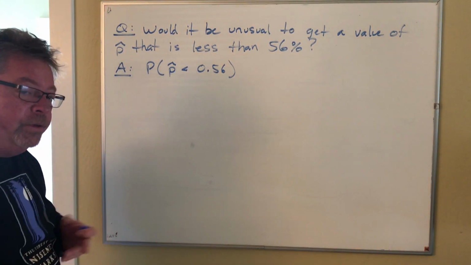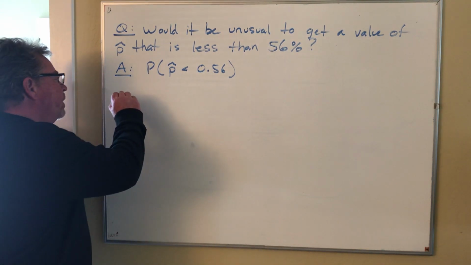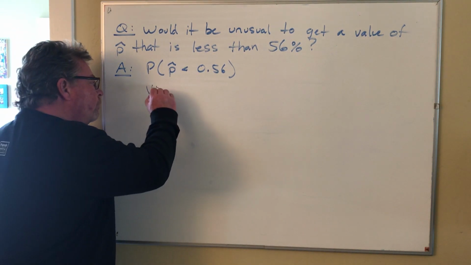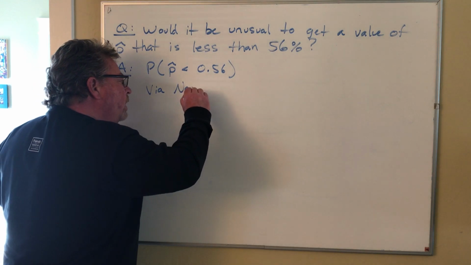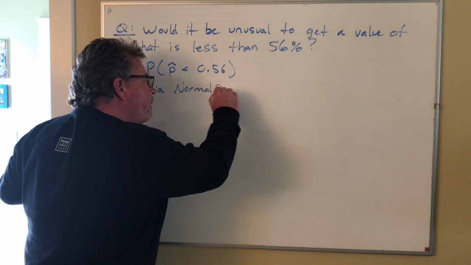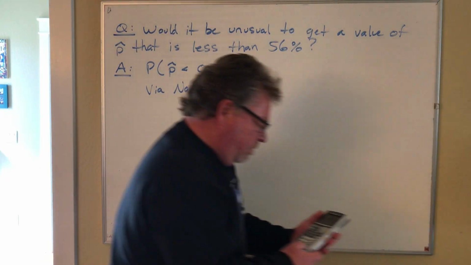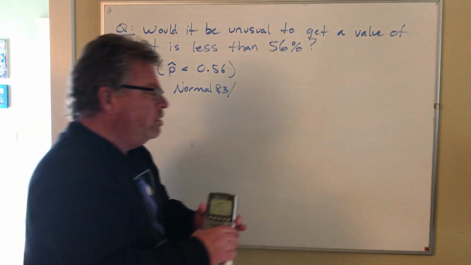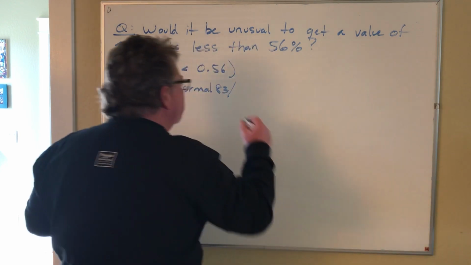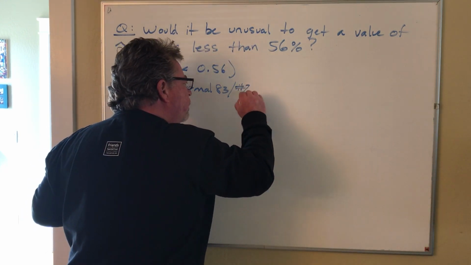Once again, we have a normal distribution. So I'm going to take this question via normal 83. And I believe this is a choice number 2, right? Yeah, it's choice number 2.